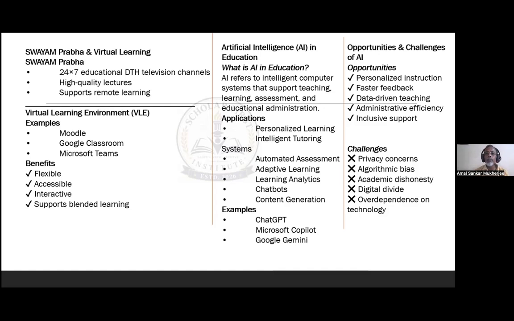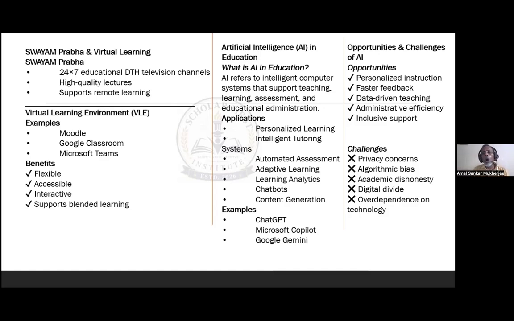Applications of AI in education: personalized learning, intelligent tutoring systems or ITS, automated assessment, adaptive learning, learning analytics, chatbots, content generation. Examples of AI in education: ChatGPT, Microsoft Copilot, Google Gemini. These are examples of artificial intelligence systems that we can use in the educational platform or system.